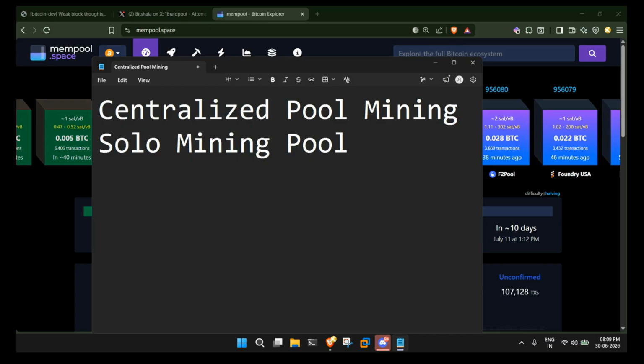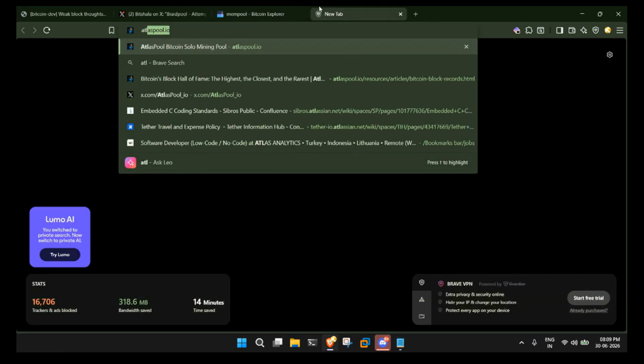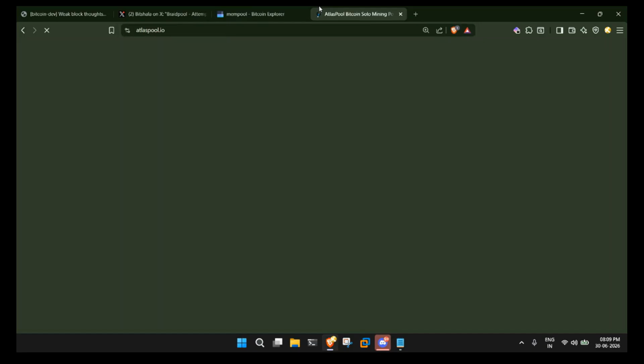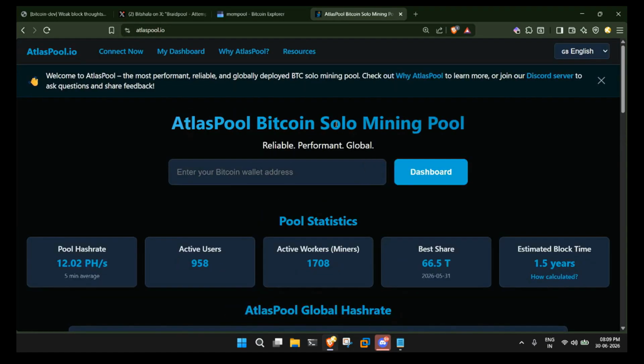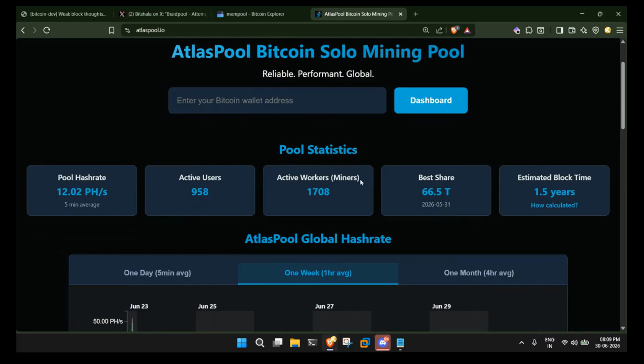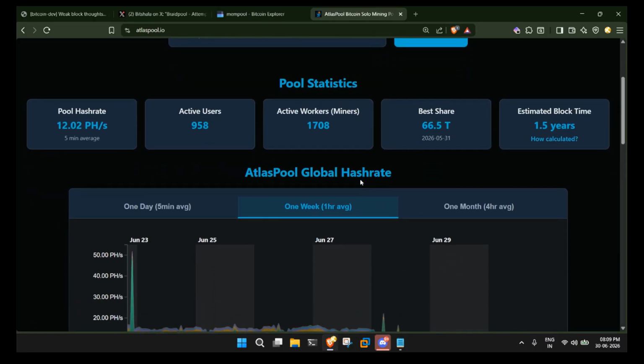And if you win the lottery, you keep something around 98.5%, because a pool like Atlas Pool takes around 1.5% commission since they run as a solo mining pool.